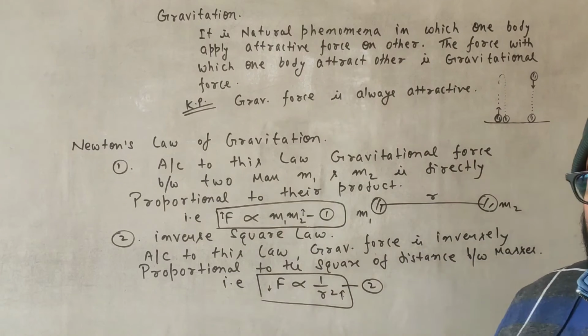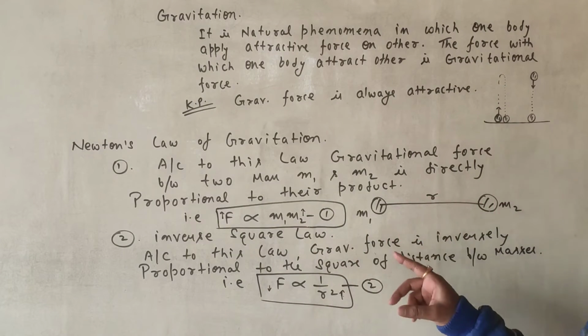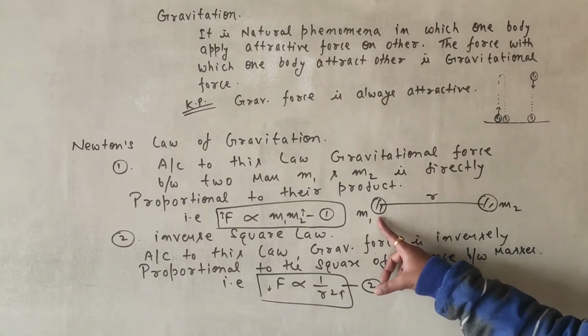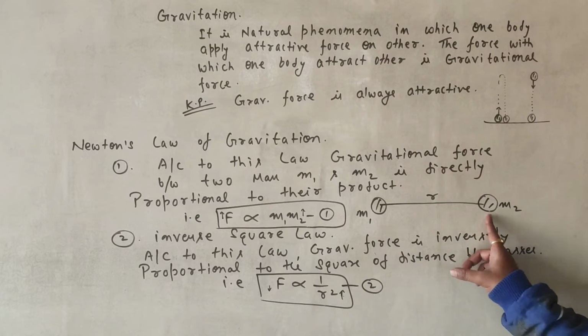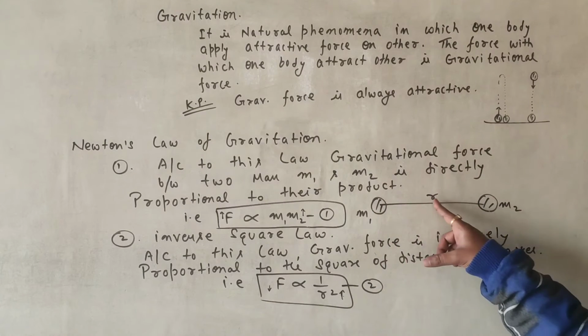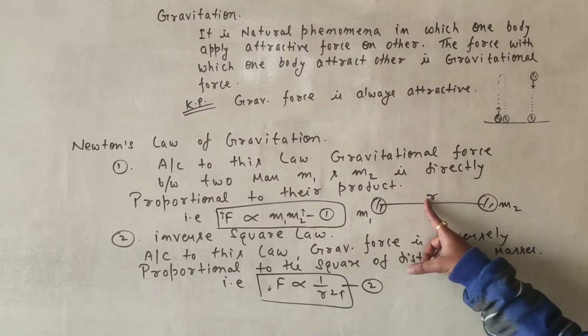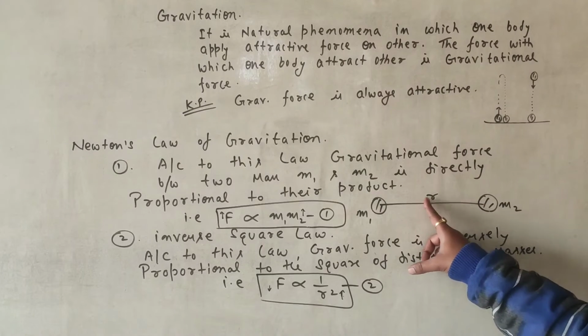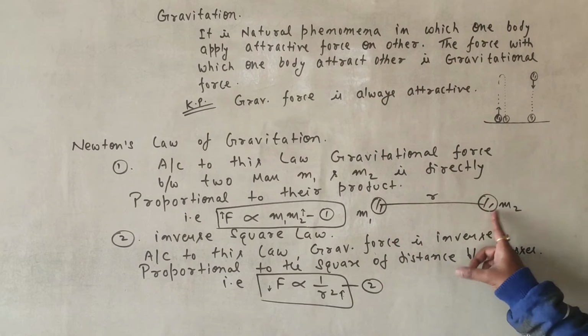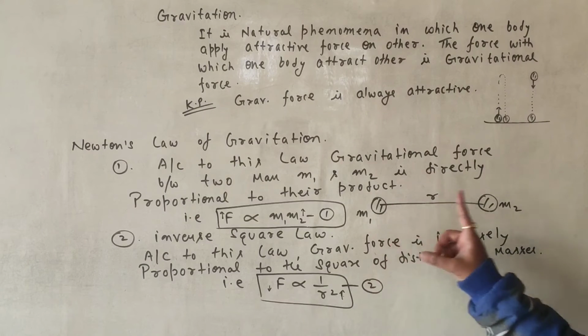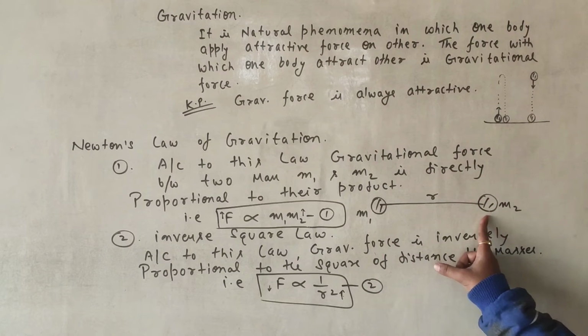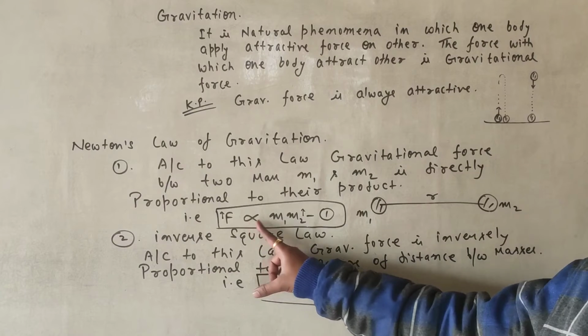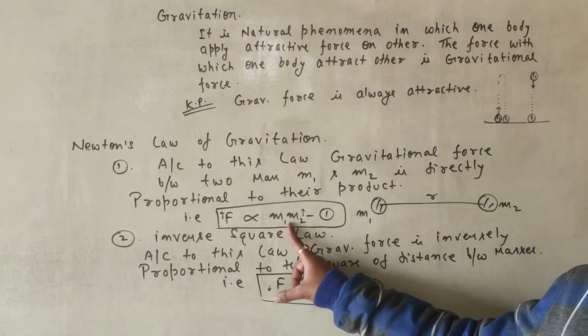What is this law? Newton says that suppose there is mass m1, suppose there is mass m2, and the center to center distance between the masses is r. Then Newton says the gravitational force with which both masses attract each other is directly proportional to the product of masses.